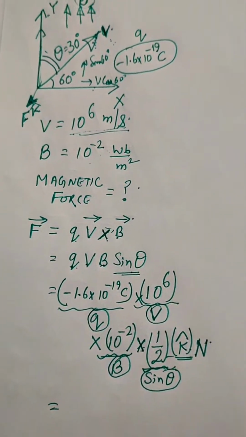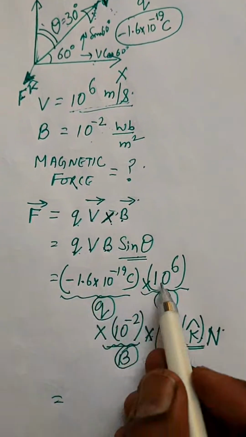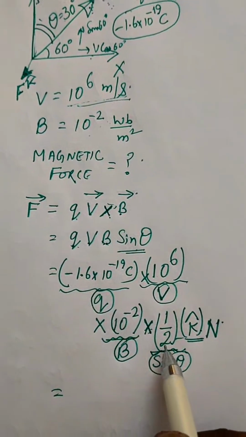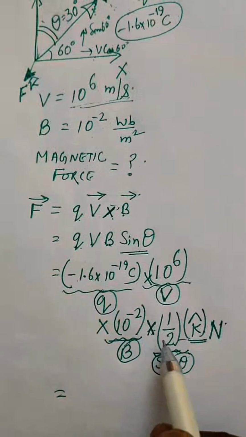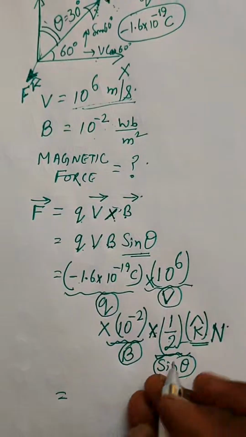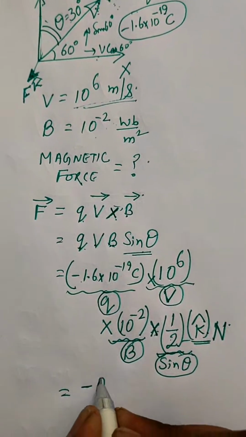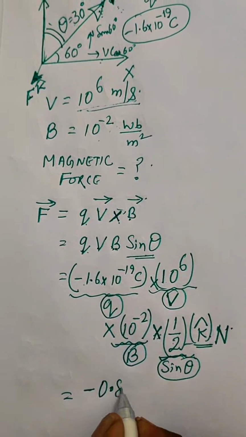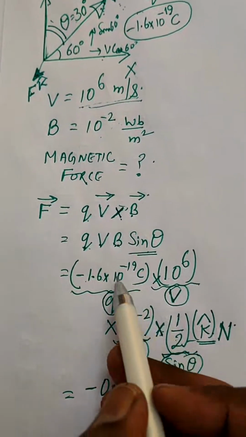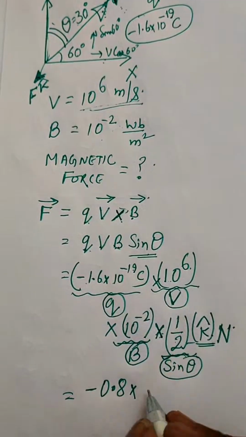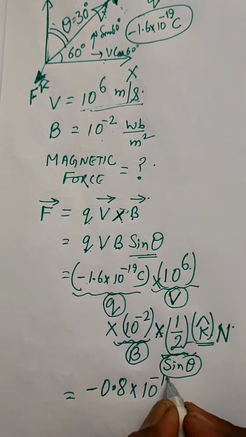And the value you can simply calculate. You can see minus 1.6 into 1 by 2, that means it will be minus 0.8 into 10 to the power minus 19, and 6 will give you 10 to the power minus 13.